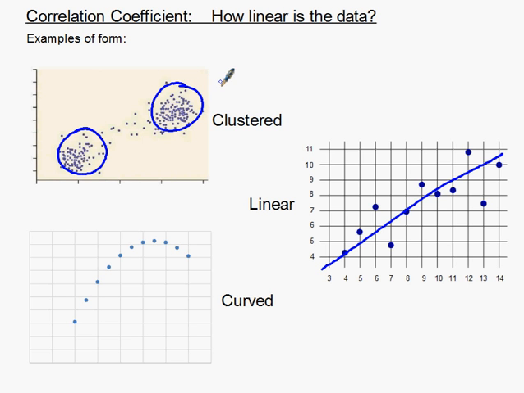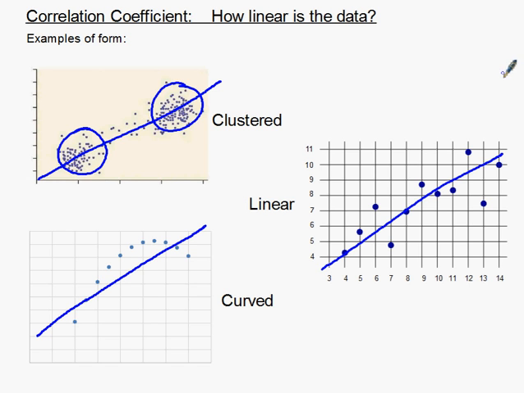You can do a linear regression, a linear model, but it's telling you that the actual behavior of the data isn't really spread out evenly on that line, which is important information to know. It tells you that the behavior of the data is not exactly the same as the behavior of a straight line, although you could model it with a line. Similar to curved, you can throw in a linear model, and it could even have a pretty decent correlation coefficient, but again, it doesn't exactly match the behavior. Form is about behavior.